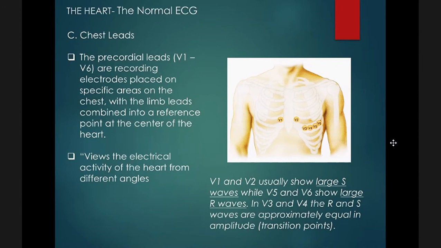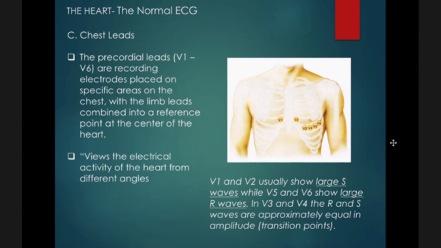So as a doctor, you also have to know the normal picture of each lead, so that if there is an abnormality in the deflection of the PQRST waves, you will know it may be a wrong lead placement.